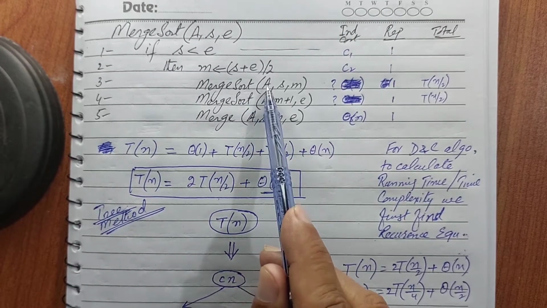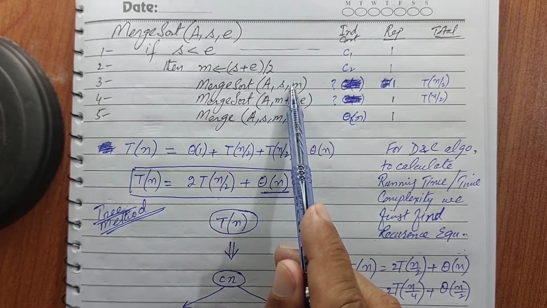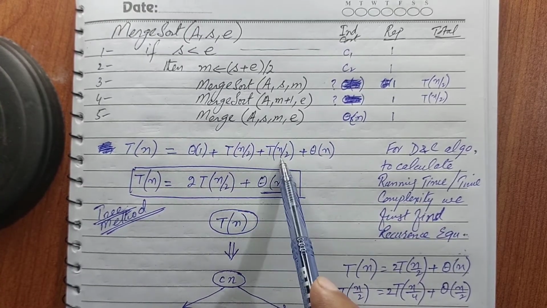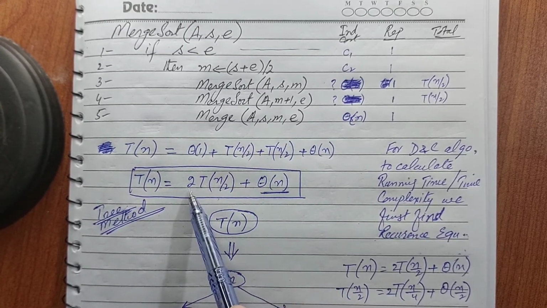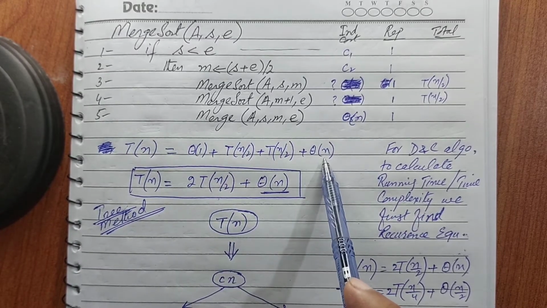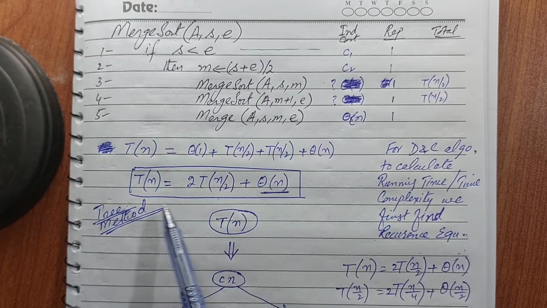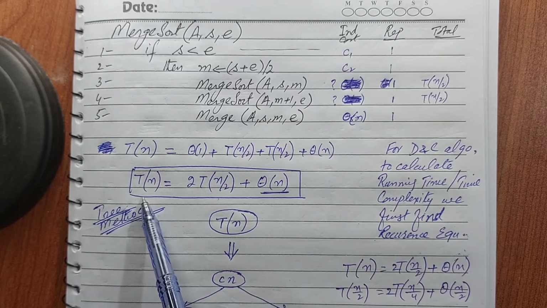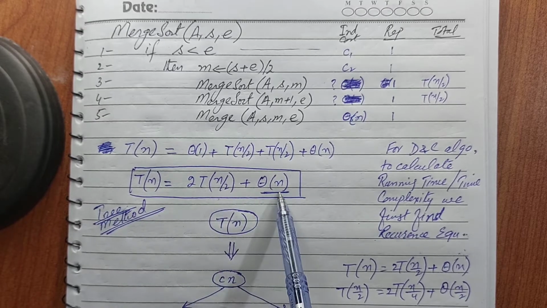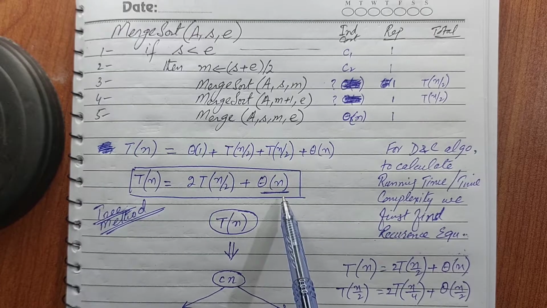Because the size is half, there are two recursive calls of half sizes that were summed up into 2T(n/2), and theta of 1 plus theta of n was converted into theta of n. So we got this recurrence equation: T(n) = 2T(n/2) + theta(n). This was the recurrence equation of merge sort.